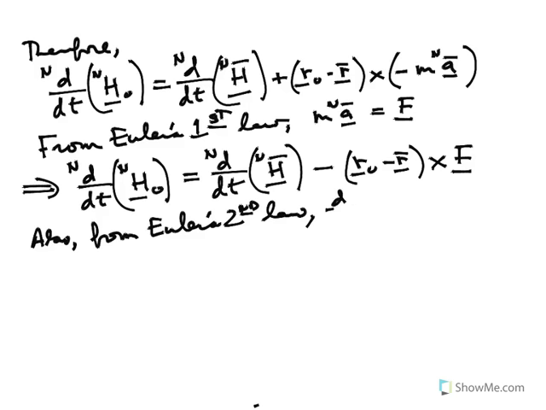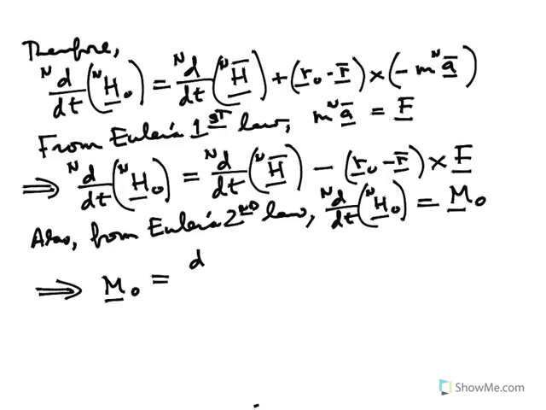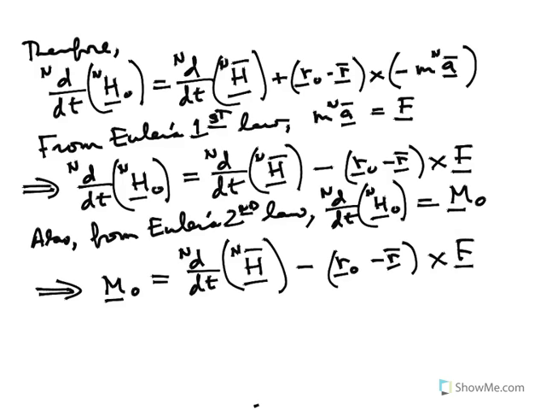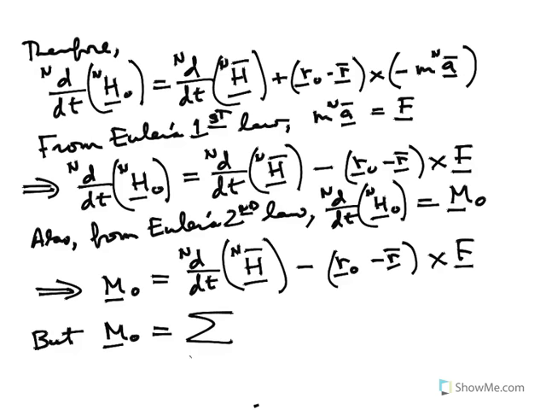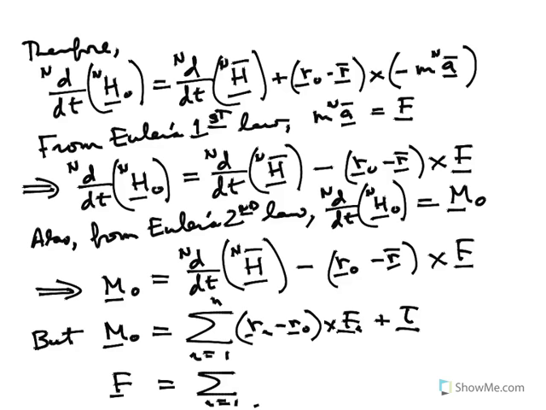We have that the rate of change of the angular momentum relative to point O in the inertial frame is equal to the moment relative to point O. So that implies that the moment relative to point O, if I do the substitution, is equal to the rate of change in N of H bar in N minus RO minus R bar crossed with F. But the moment relative to point O, from the definition that I have here, is equal to the sum from i equals 1 to N of Ri minus Ro crossed with Fi plus tau, and also the force is equal to the sum from i equals 1 to N of Fi. So if I substitute those up above, what do we get?